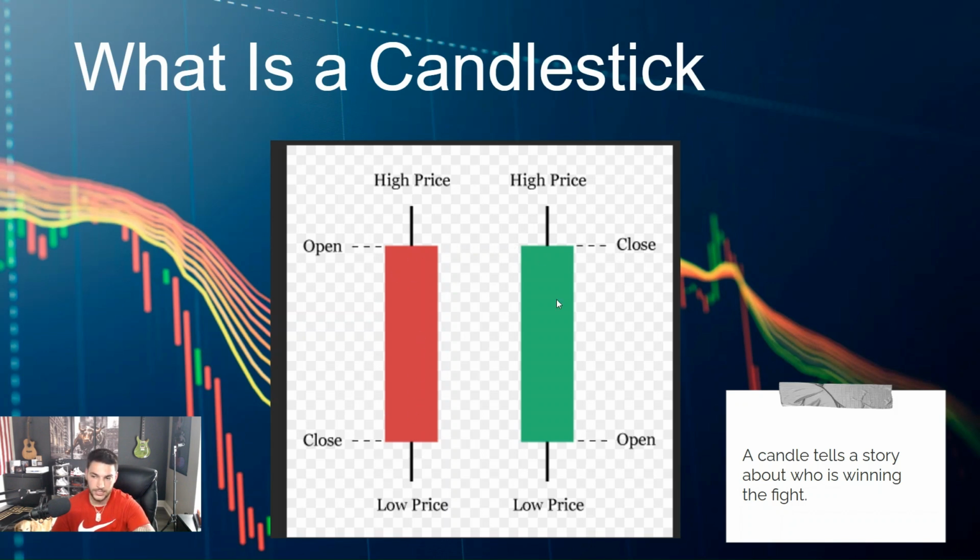Now, if it's green, it's the exact opposite. It opens at the bottom, not the top. It opens at the bottom, pushes down. The buyers step in and take control and push this candle straight to the upside, right? And then it comes back and closes right here. This is the body of the candle.